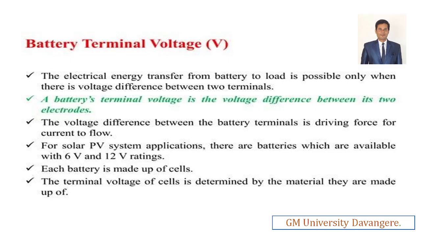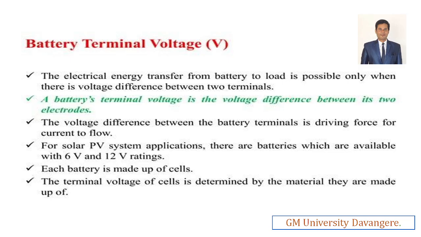The voltage difference between the battery terminals is the driving force to flow the charges, right? If we consider a PV system application, we are going to use batteries available in the market of 6 volts and 12 volts, which are connected in series and parallel to make the battery pack and battery module for energy storage from the solar panel to the energy storage batteries, right?